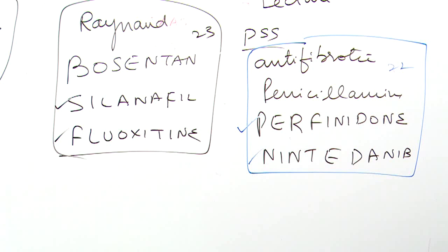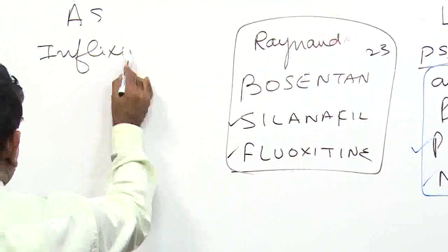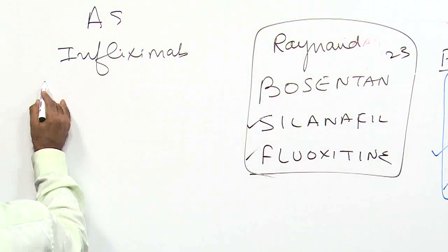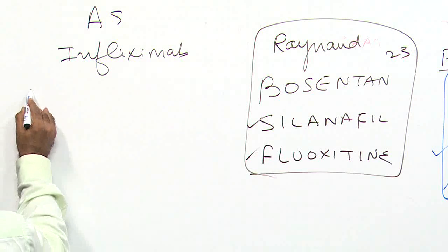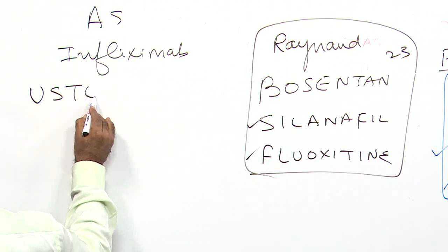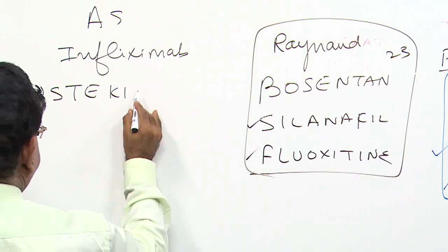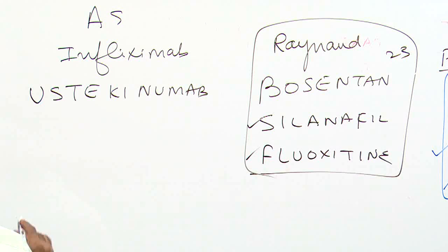Now, for ankylosing spondylitis, we have been using infliximab, but the new drugs which have been approved are the following.